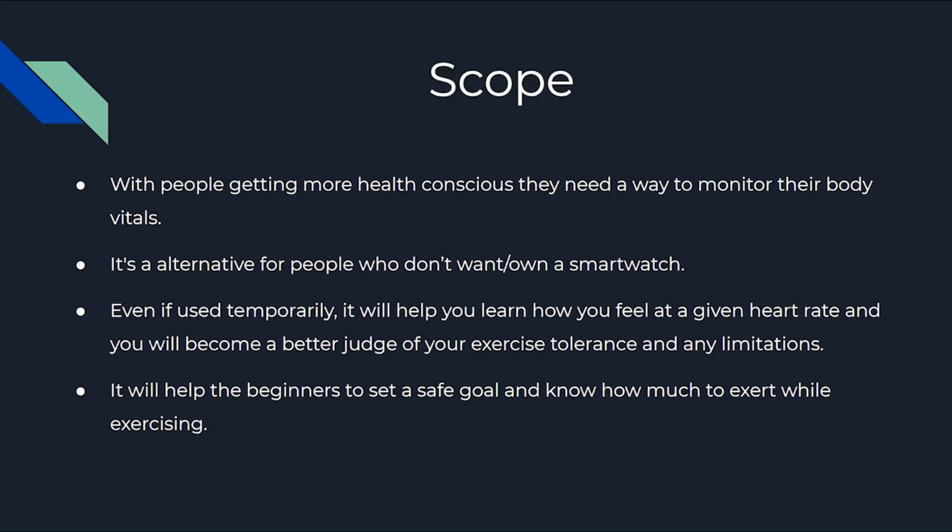So it's basically giving them an idea that they should only do certain types of exercises and up to a certain limit. It also helps people who like to keep their vitals checked day to day. It is a good alternative to smartwatches as it is a free app, and you don't need any extra equipment for it.